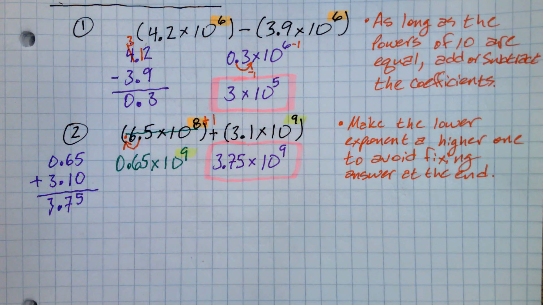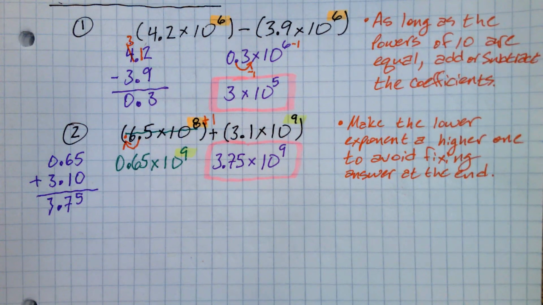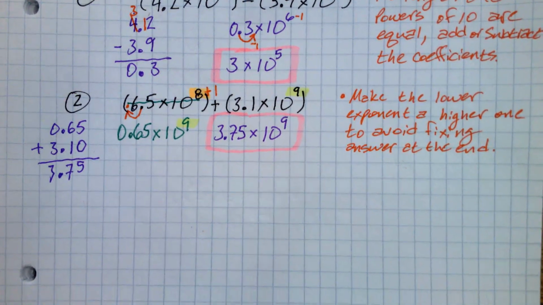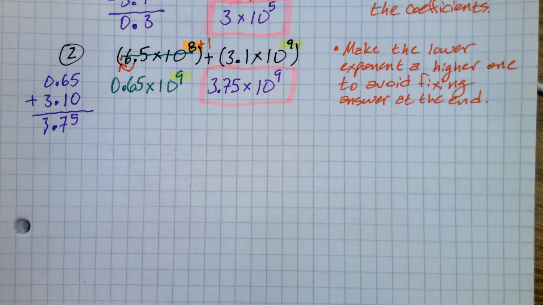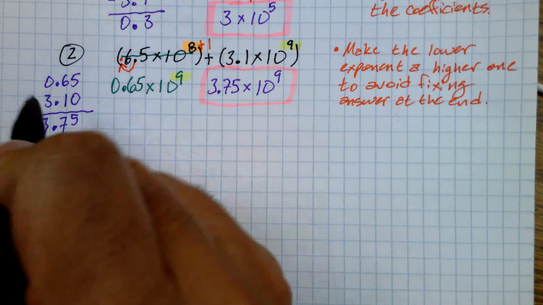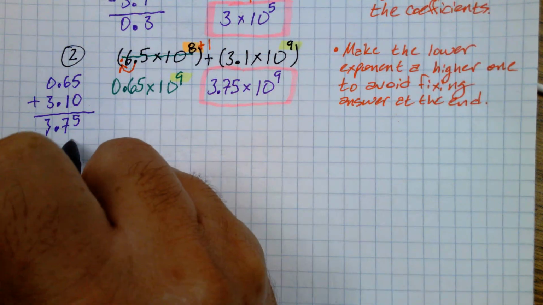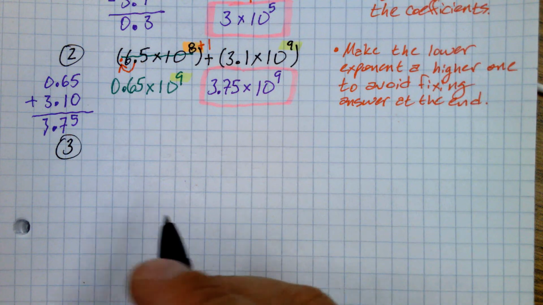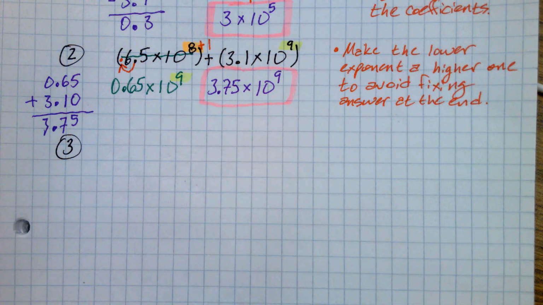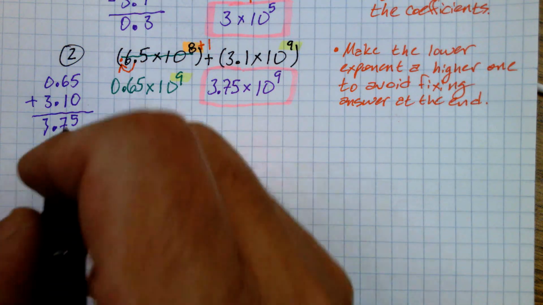Okay. So we're going to move on to another example. I'll just push this up so you can still see it. But I'm going to write in the third problem. Okay. Let's do a subtraction. And this time, we're going to have to do an adjustment with the powers.